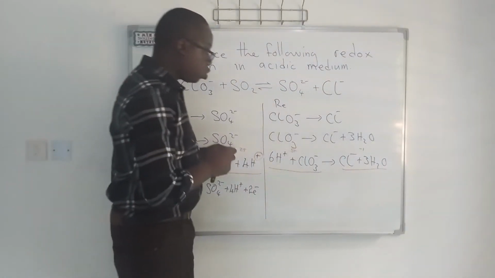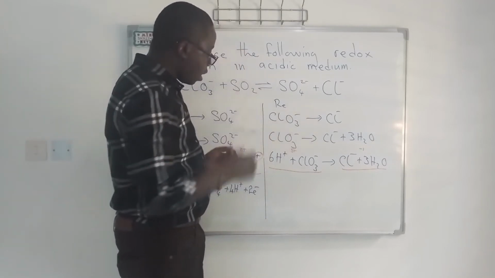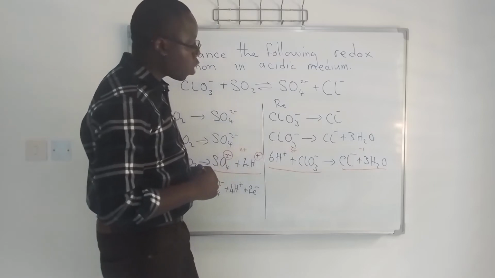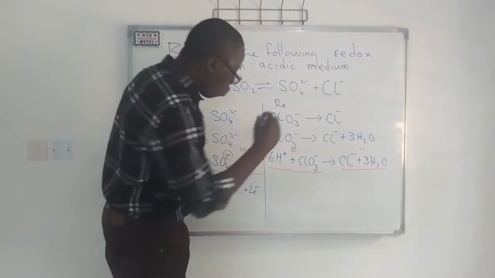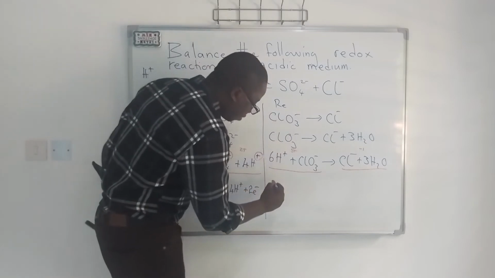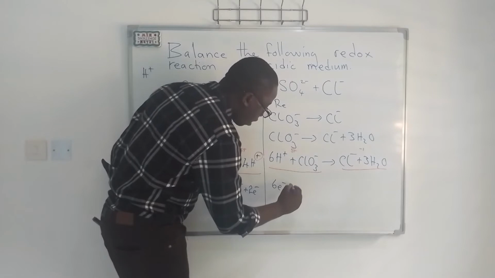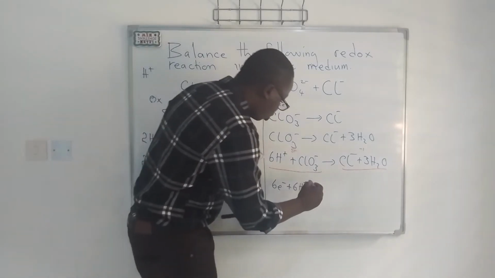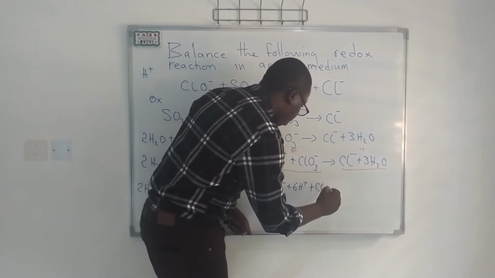Now, what do you do to balance so that the formal charges are equal? Where there is a positive sign, that's where we introduce the electrons. So we will introduce 6 electrons where we have the positive sign so that we can have a formal charge of -1.